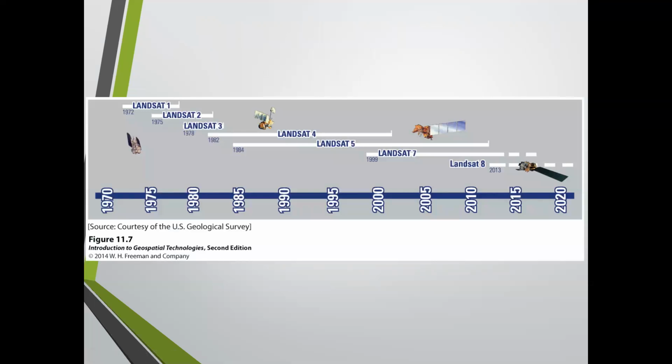So this shows you the period of when each Landsat satellite group was in operation, and we'll talk about a little bit of the differences. Notice Landsat 1 started in 72 and ended maybe about 78. In between, you also had Landsat 2 satellites launched and Landsat 3.